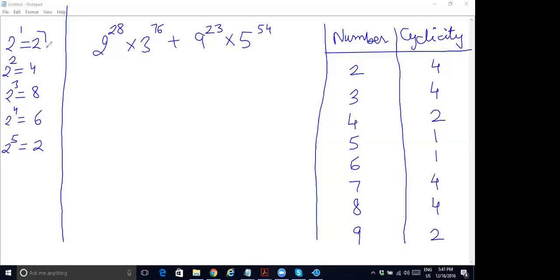So after 4 numbers, the units place digit starts repeating itself. When we check for 5, 5 to the 1 is 5, and 5 to the 2 also ends in a 5. So the cyclicity is 1. But I still need to know the number 6, right?